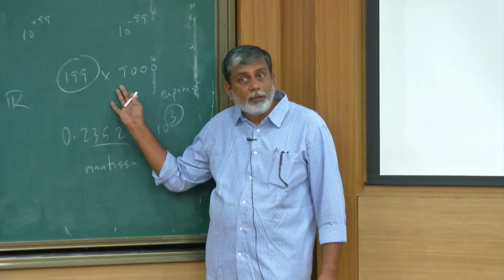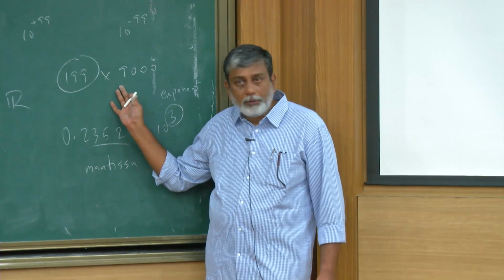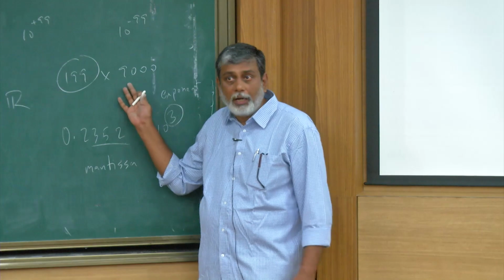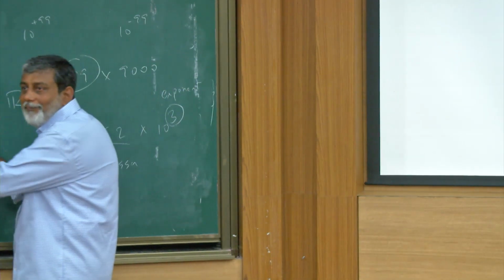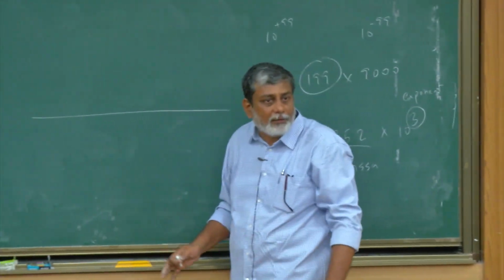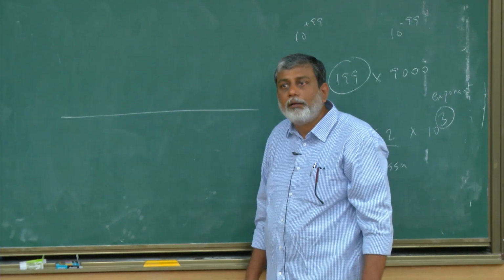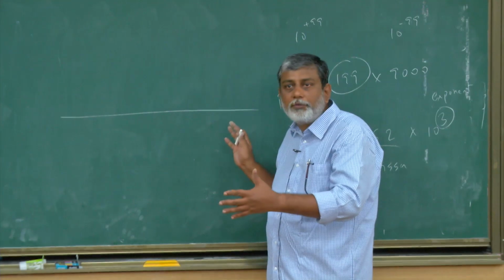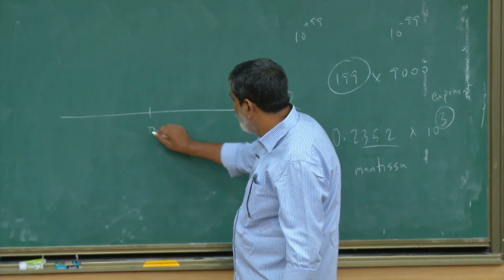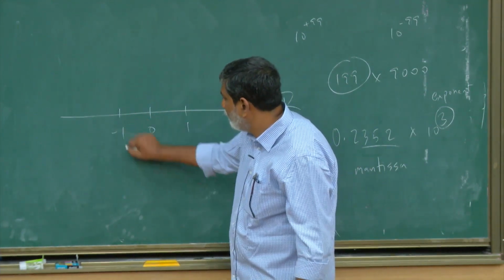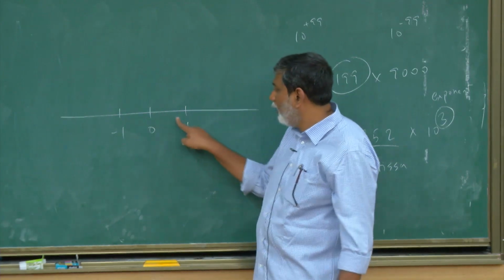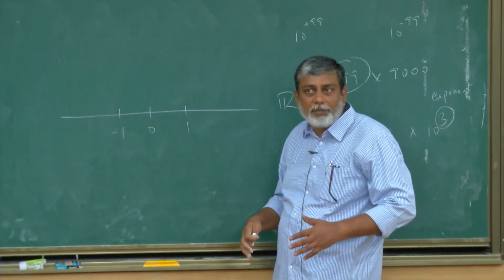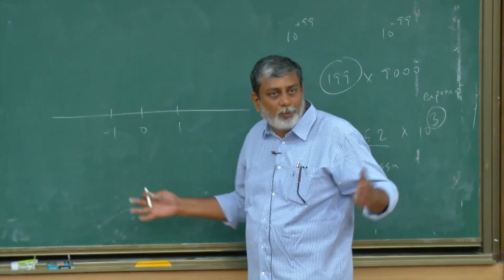And these numbers, mind you, are not distributed equally spaced on the real line. How do you think is the distribution? 0, 1, minus 1. Between 0 and 1 and 0 and minus 1, there's a huge portion.